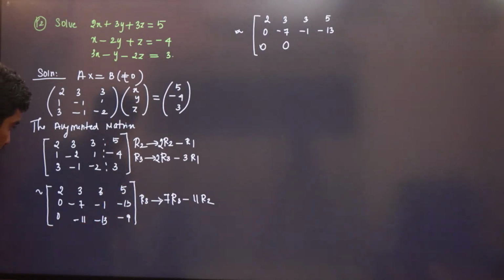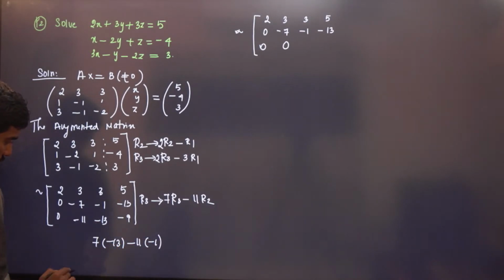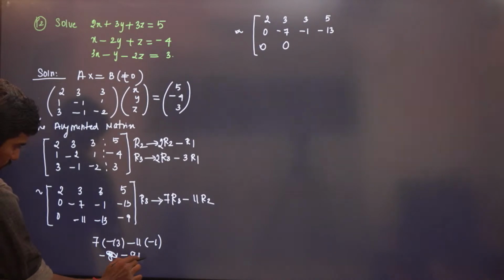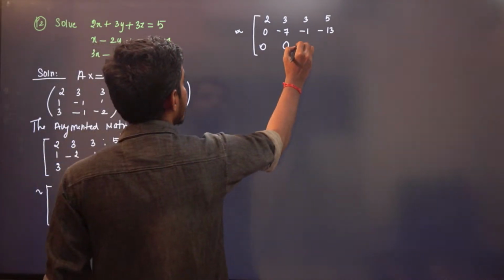Now here, 7 times R3 minus 11 times R2: this is -91 plus 11, so this will be -80.